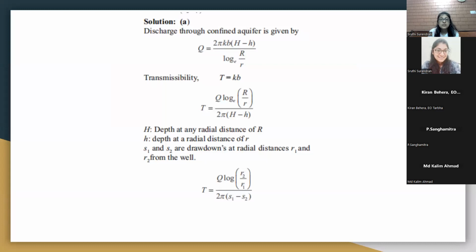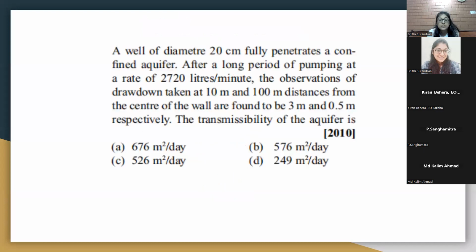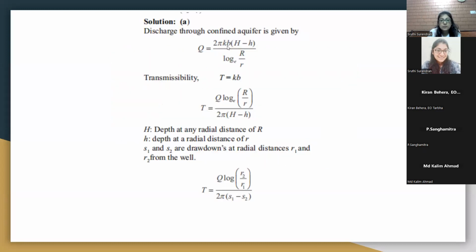Okay, so transmissibility is nothing but K into b, the hydraulic conductivity into the thickness of the aquifer. When it is a confined aquifer, you are taking care of the thickness. When it is an unconfined aquifer, you have to take the height from the datum to the water table level. So the answer here is you have to just take this discharge value and use the denominator.